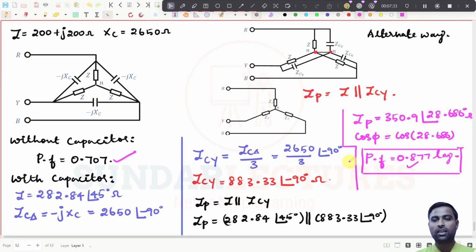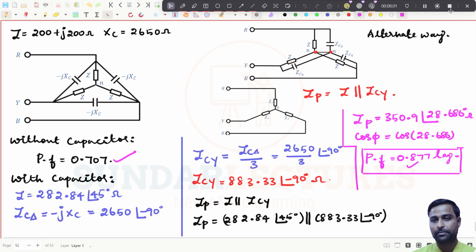Also, I took an alternate way to find the power factor without going for the current equation or power equation, using the impedance only. So if you connect the capacitor, then obviously the power factor will be improved if the power factor angle is already lagging, right? So this is how you need to find it. Thank you. We will see in the next class.